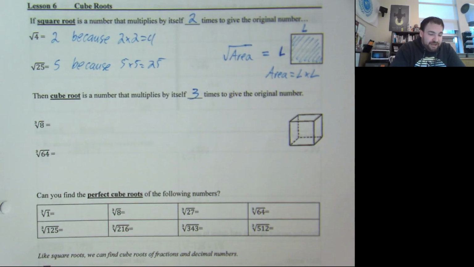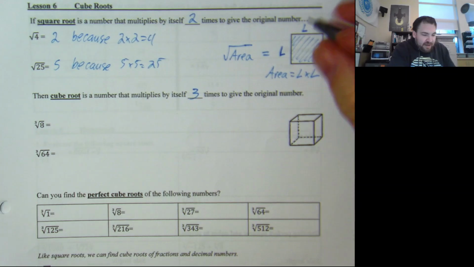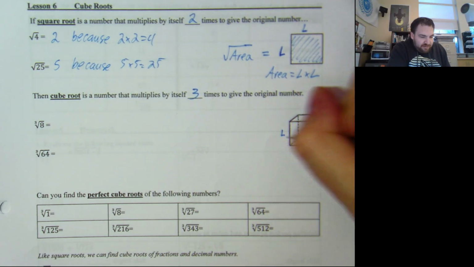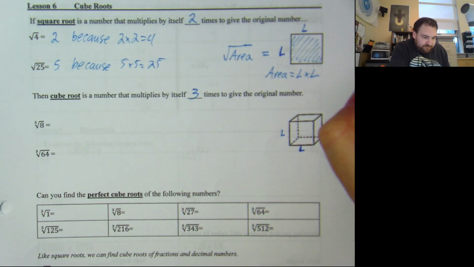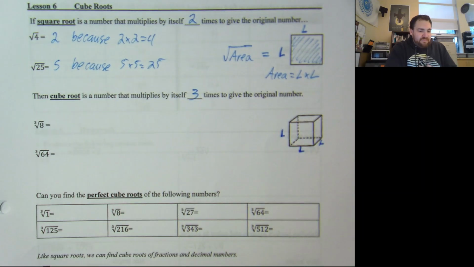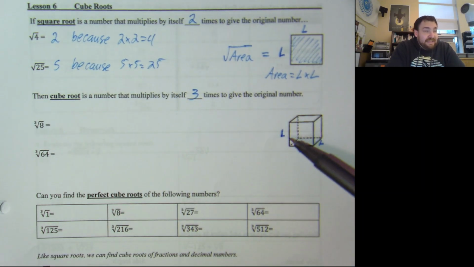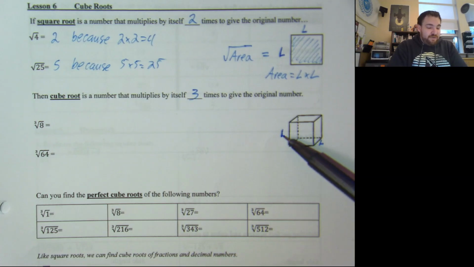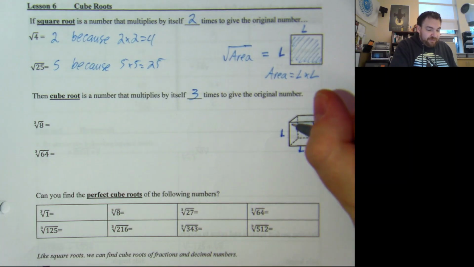And it comes from looking at a cube. Now, a cube means all of these sides are the same length. If I take the length on a cube and multiply it by itself twice, that's going to give me the area of one of the sides.